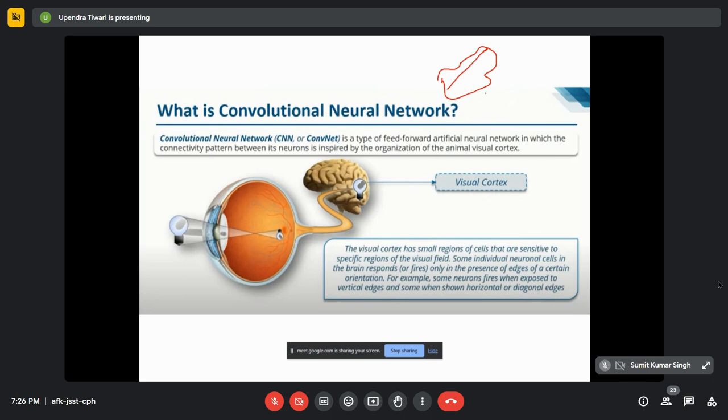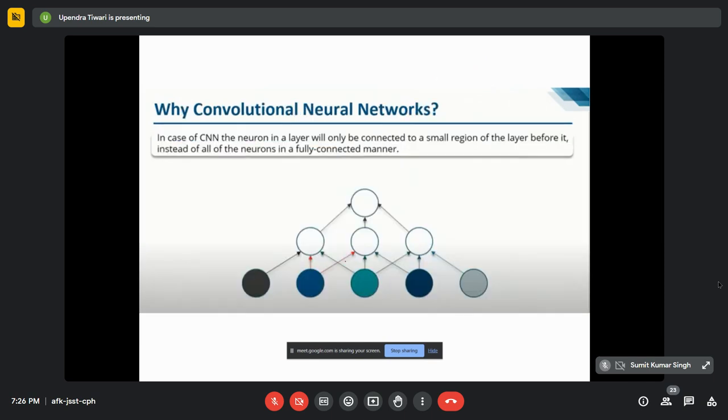So that's why the convolutional neural network says that, suppose I have to connect with the first hidden layer, and just to work with this node, only these three nodes are required to be connected, or only the weights of these three nodes need to be updated. Then why update the weights of all the nodes?